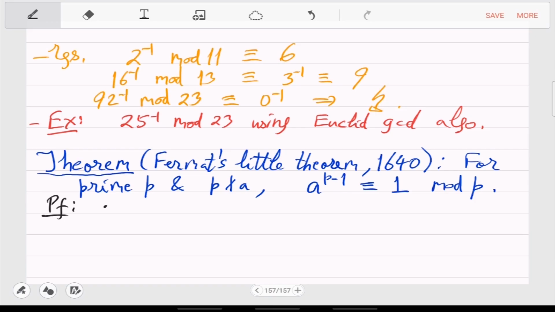So what you do is, this a raised to p minus 1 suggests that you have to multiply p minus 1 things to get to this value. So what are the p minus 1 things that you will multiply? I mean, you can obviously multiply a with itself, but that is kind of the original question, so you will not get anywhere.